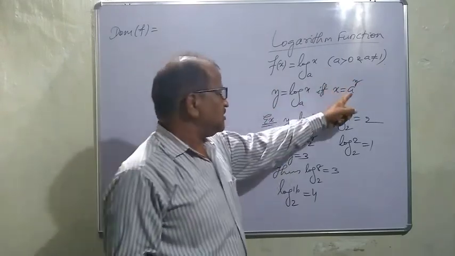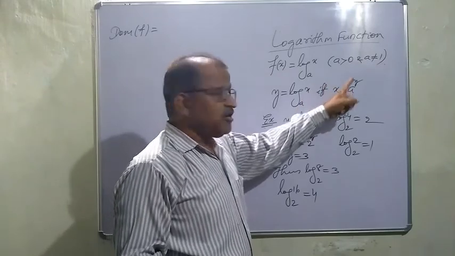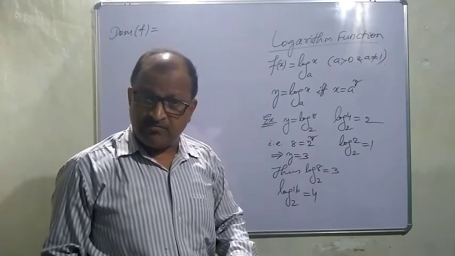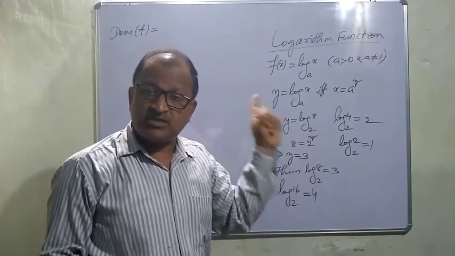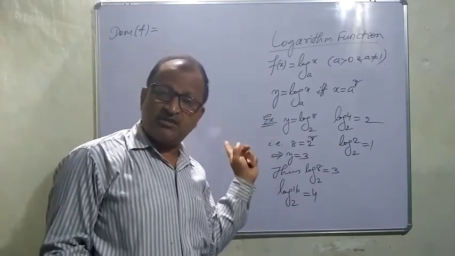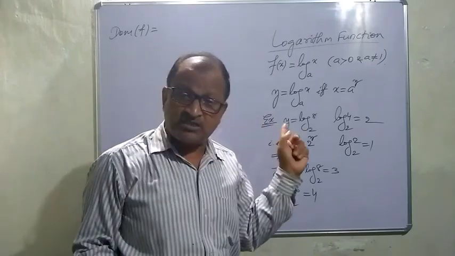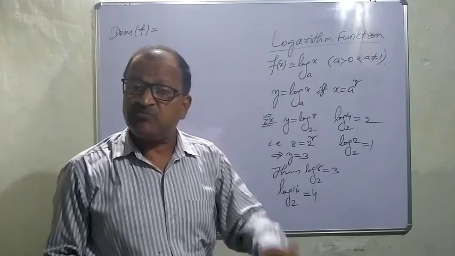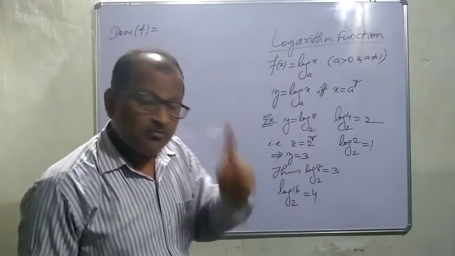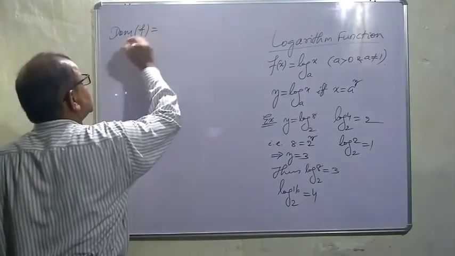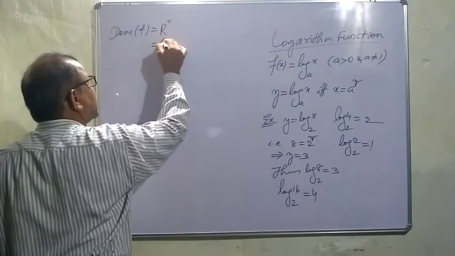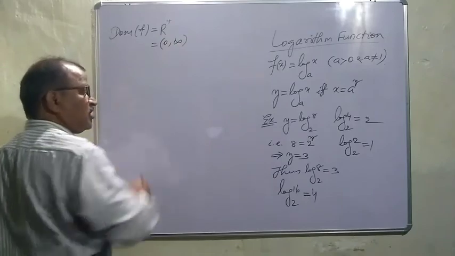But a to the power y cannot be 0 or negative. A to the power y is always positive. We have seen in the last lecture on the exponential function. So log x is defined only for positive real numbers. So the domain must be R plus, or you can write it like this, 0 to infinity.